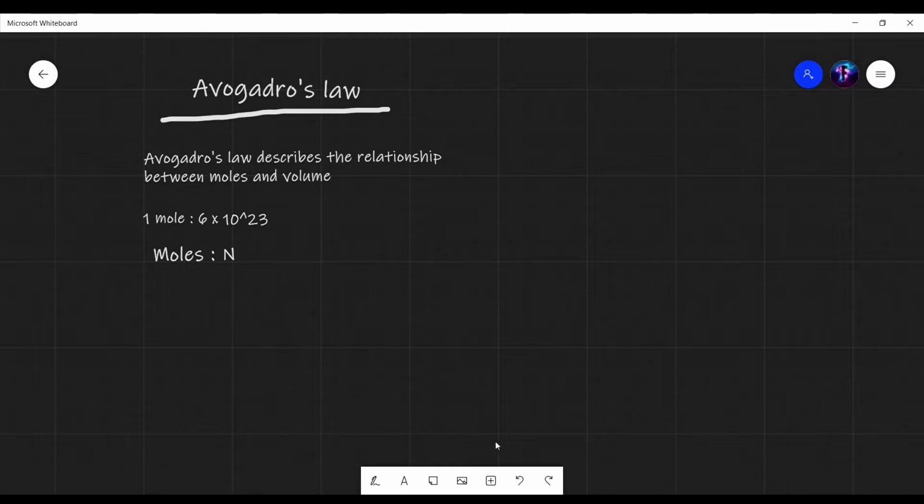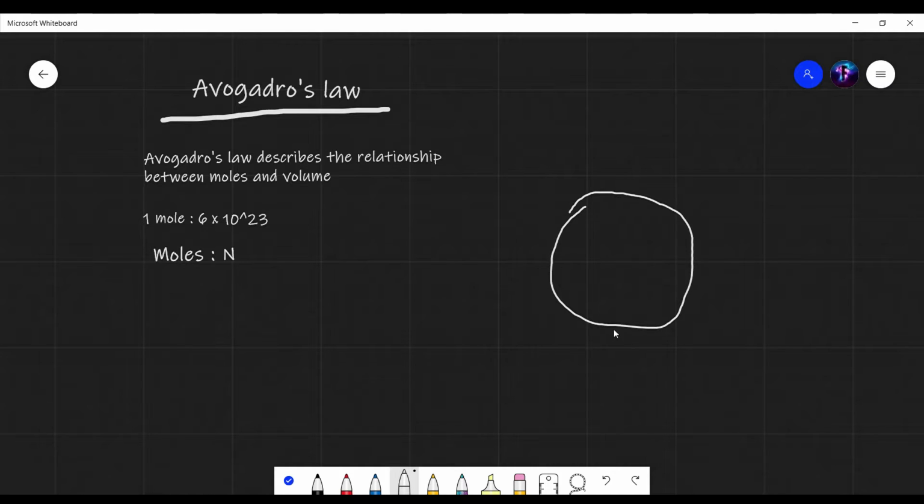Alright, so have you ever wondered, so this is related to Avogadro's law, if you have a balloon and you fill it with 2 moles, okay?